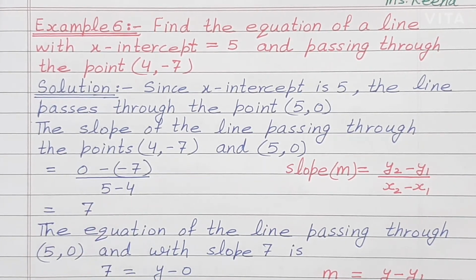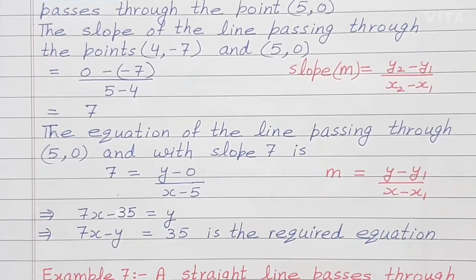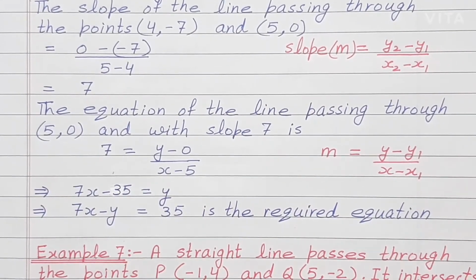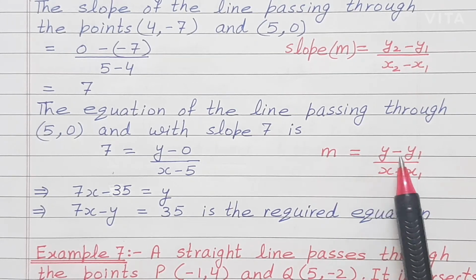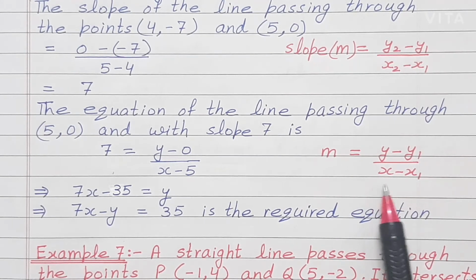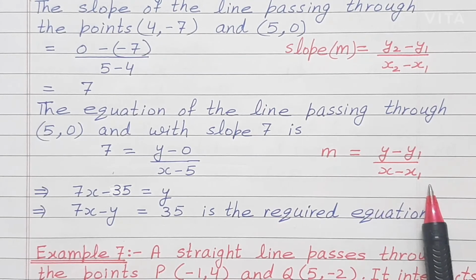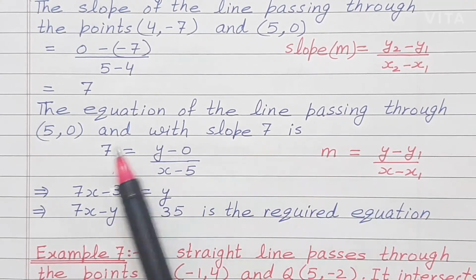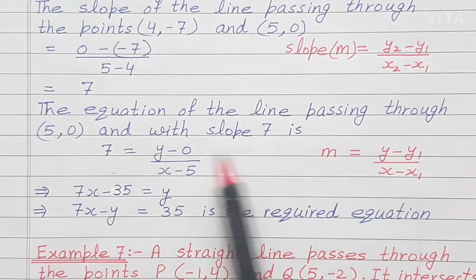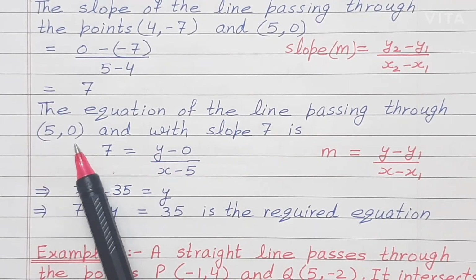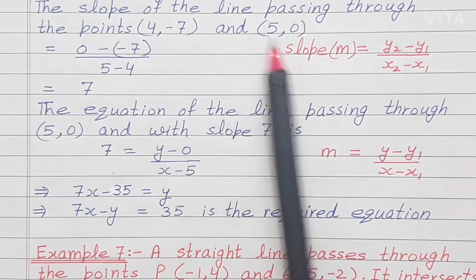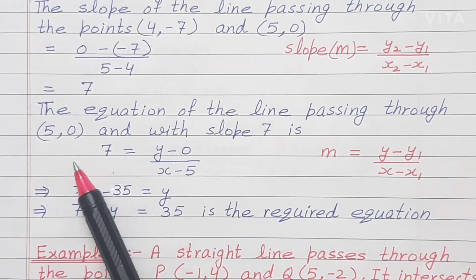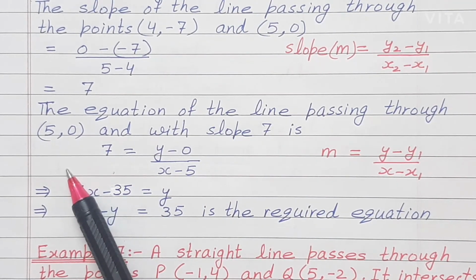Now let us apply the one-point form formula. That is m is equal to (y - y1) upon (x - x1). Now see, slope is 7 and we are using the coordinate (5, 0). Now students, since there are two coordinates, you can use either one to find the equation.